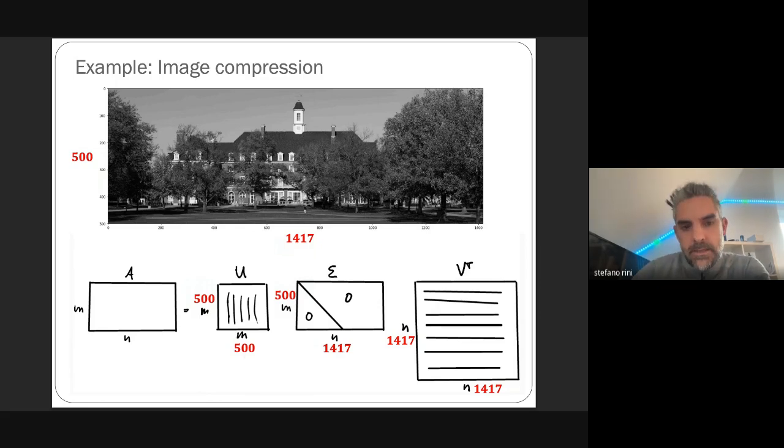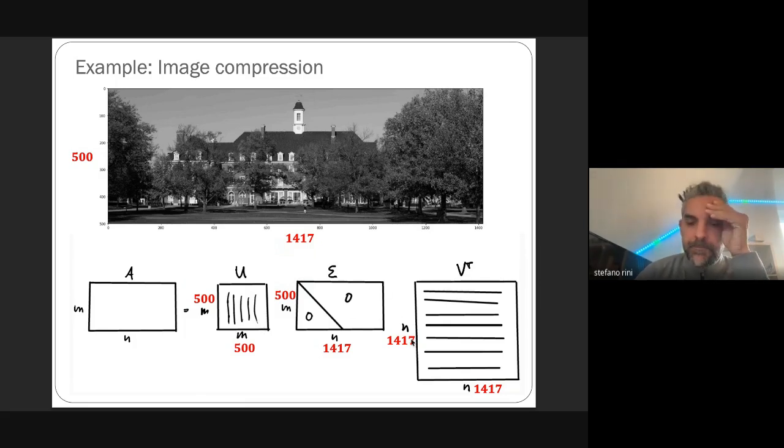So here there is a black and white image. We represent each pixel as a number between 0 and 1, as we did. And what we do is represent this matrix as U sigma V transpose. The matrix is 500 times 1000 or something. This is the usual UV representation, where we have this block of zeros.